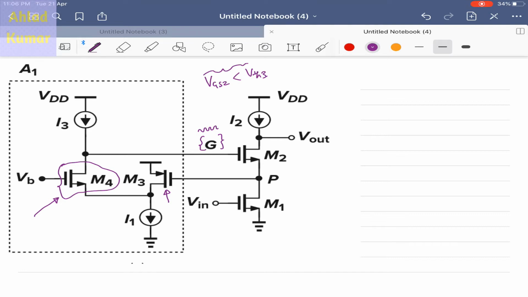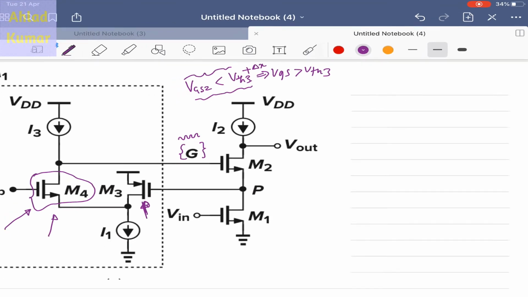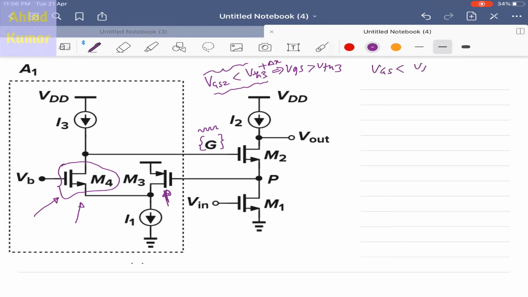If you slightly go beyond this VTH3, that is if you make VGS2 greater than VTH3, then M3 will immediately turn into triode region. So what M4 is doing is lifting this constraint by adding a delta X here. If VGS2 is less than VTH3 plus delta X, then at least we have some margin.